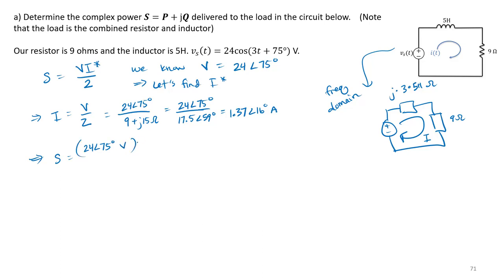So just be careful of units and complex conjugates here. Remember, we flip the sign on our current phase angle because we're taking the complex conjugate.